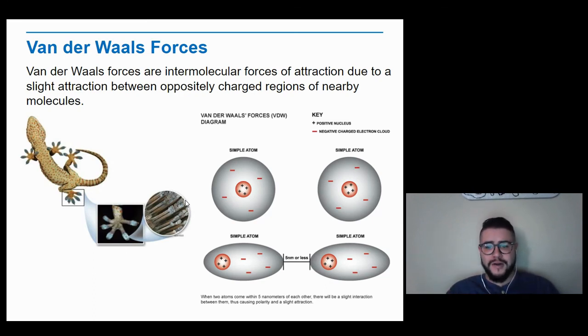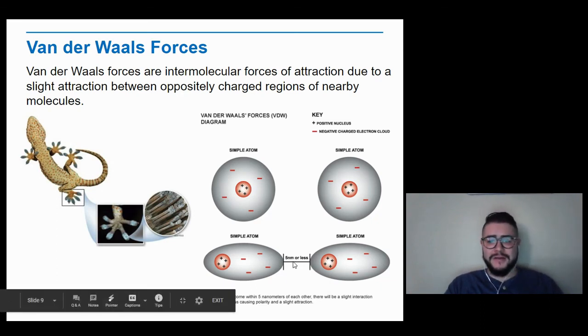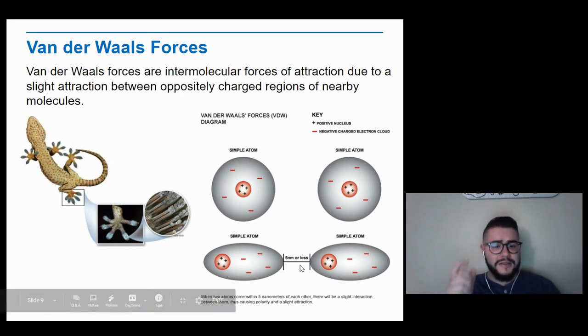So here's an example where there's one simple atom and another simple atom. But when they become really, really close, like 5 nanometers or less, they actually align like this, where you have the nucleus, which has a slightly positive charge, and the electron cloud over here, which has a slightly negative charge. They come really, really close together, and you get this slight attraction.